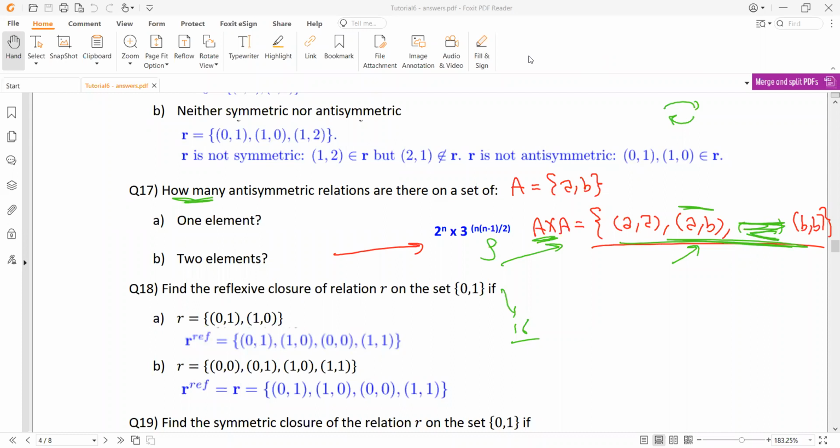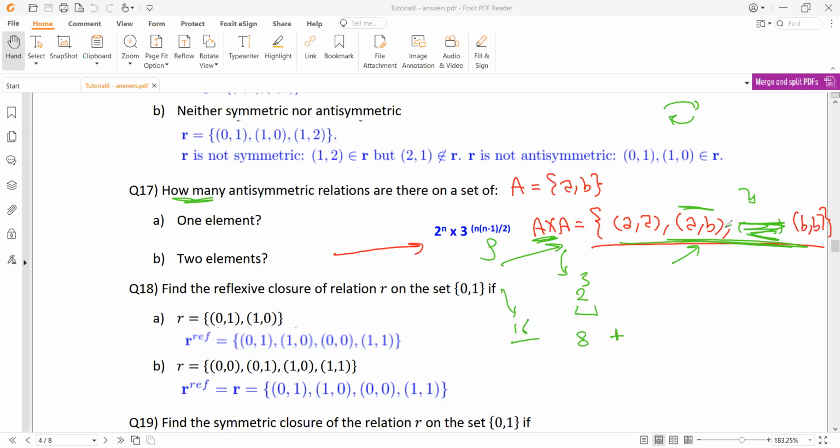So now, as I said, I'm gonna keep only one of them, I'll keep A, B and delete B, A because the two can't be present together. So now, how many possible relations could be generated from this form? 2 to the power of 3, which is 8. Is it all? No, not yet.